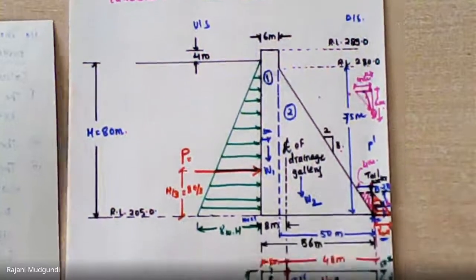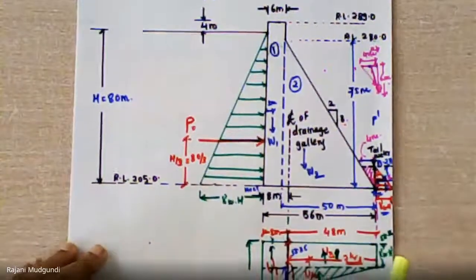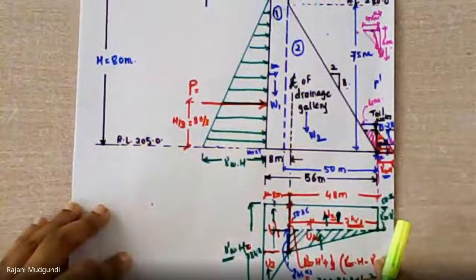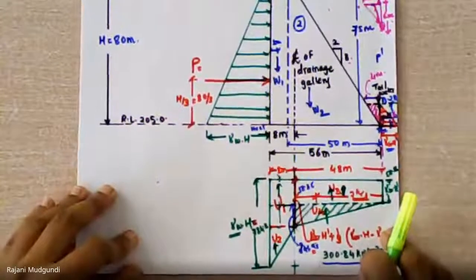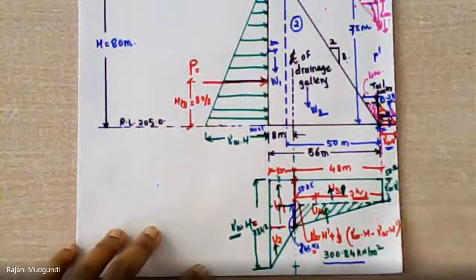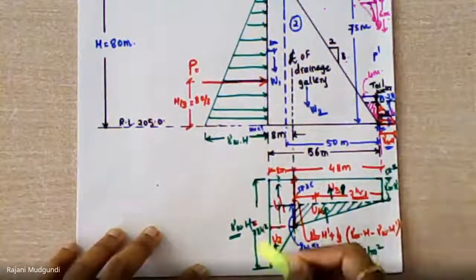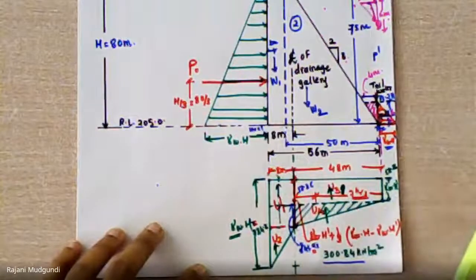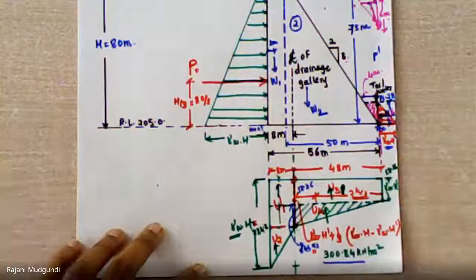I will slightly move this page upward so that the uplift pressure distribution diagram is visible to you. Fine. In this, we have plotted the uplift pressure distribution diagram. As per the USBR guidelines, we have drawn the figure.